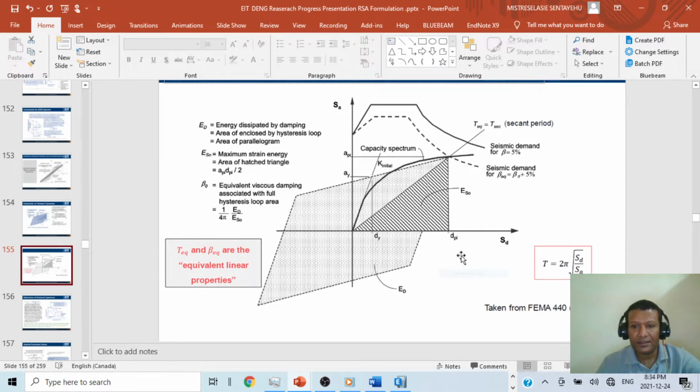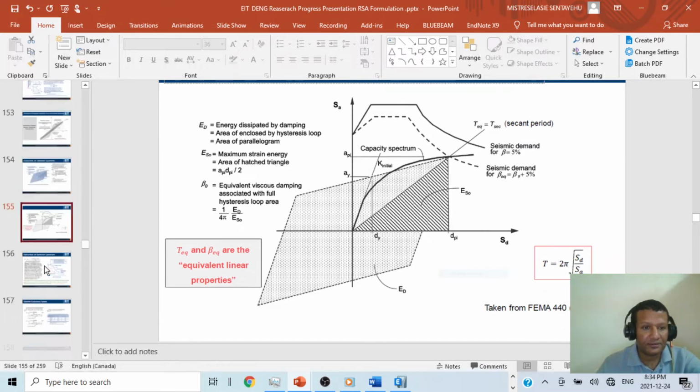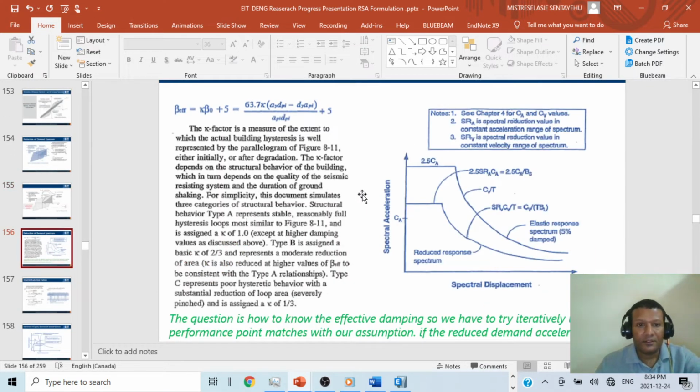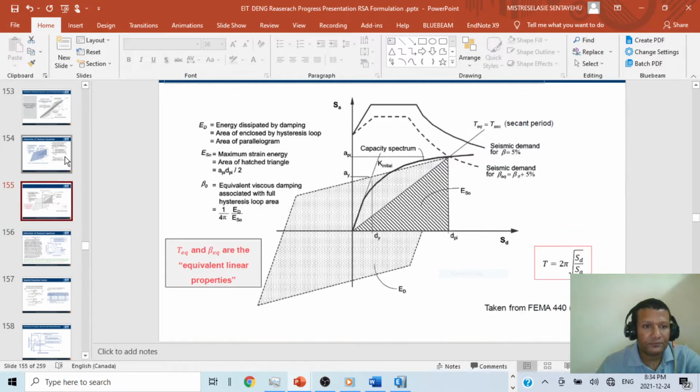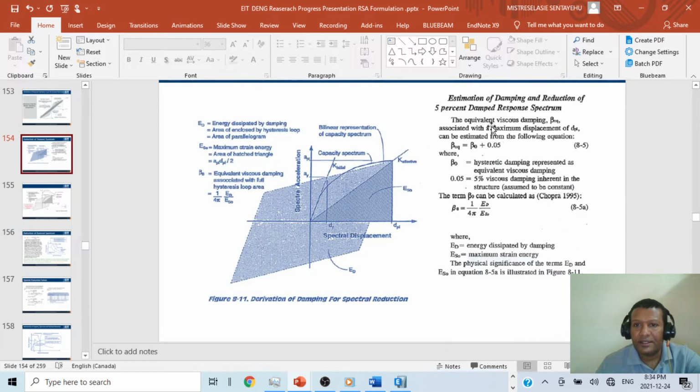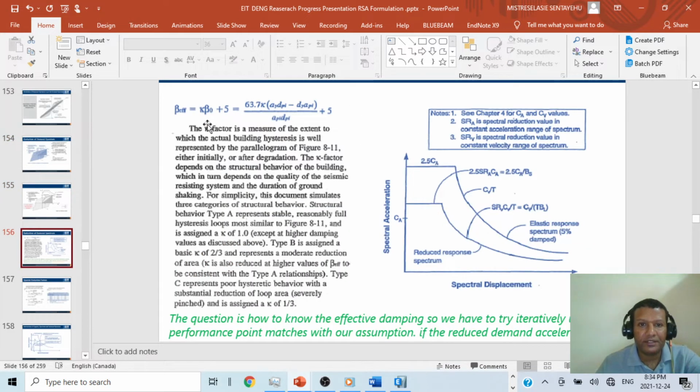We have DY and DPI. We need these two points, that's why I'm showing you, and we need this point in the next slide. So this is B effective. The equivalent viscous damping, B equivalent. This is the formula for B equivalent.